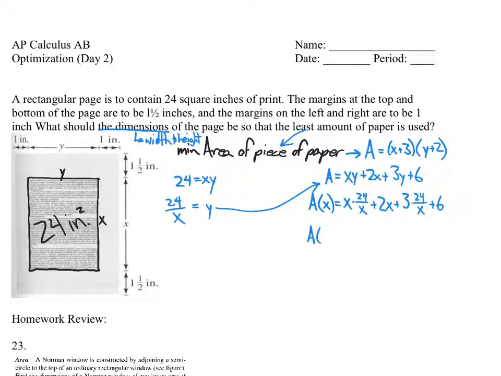So my area in terms of x is that here the x is canceled, so that's 24 plus 6 is 30, plus 2x, and then plus 72 over x, which is 72x to the negative 1, since I'm going to differentiate. Okay? So does everyone understand how we got to this point?